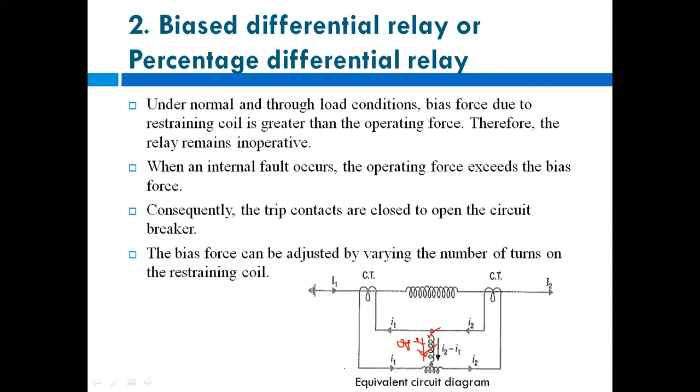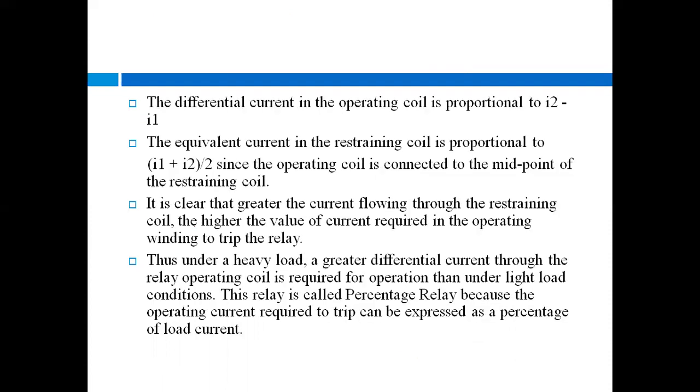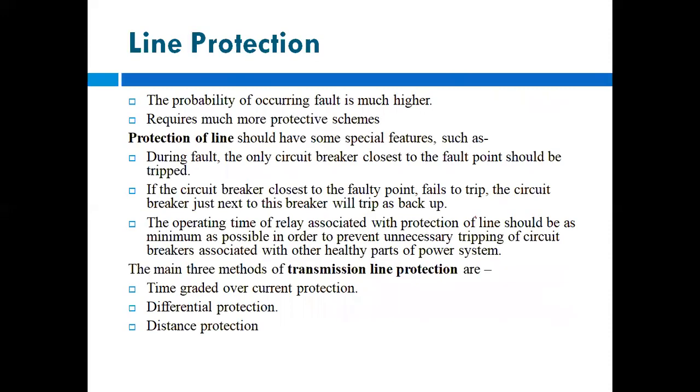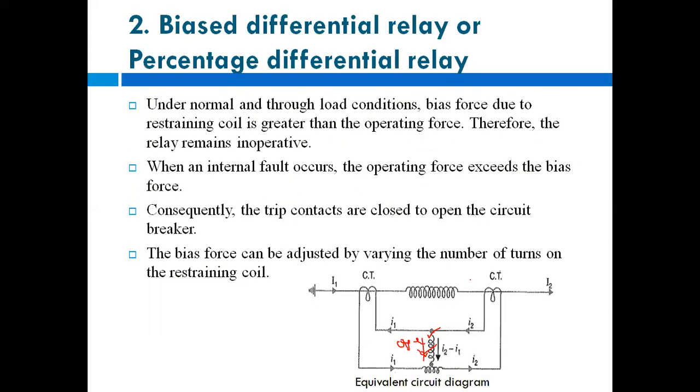Now this is your restraining coil. The current flowing through the operating coil is proportional to I2 minus I1, means the difference of currents will flow. Then the current in the restraining coil is proportional to (I1 plus I2) divided by 2.